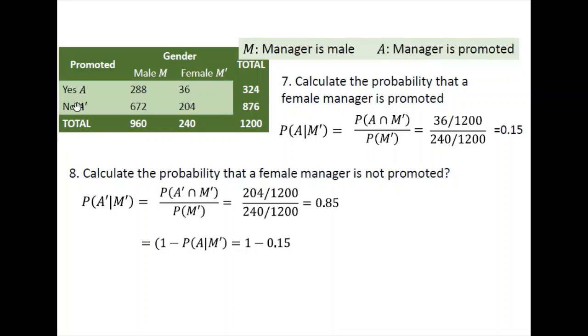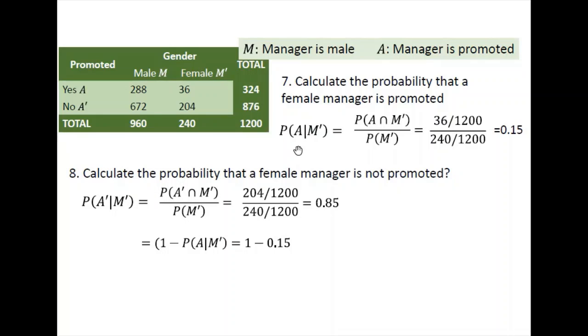So it's A prime and M prime, female and no promotion is 204 divided by 1200, and the probability of M prime, it means the probability of female, we have in total 240 female, so the probability is 240 divided by 1200, and the result is 0.885.